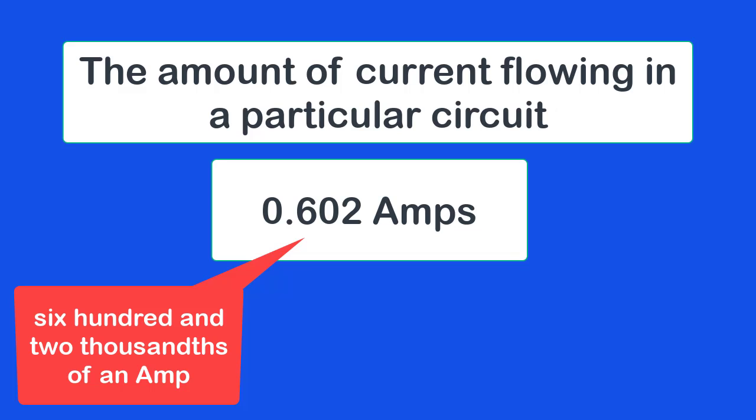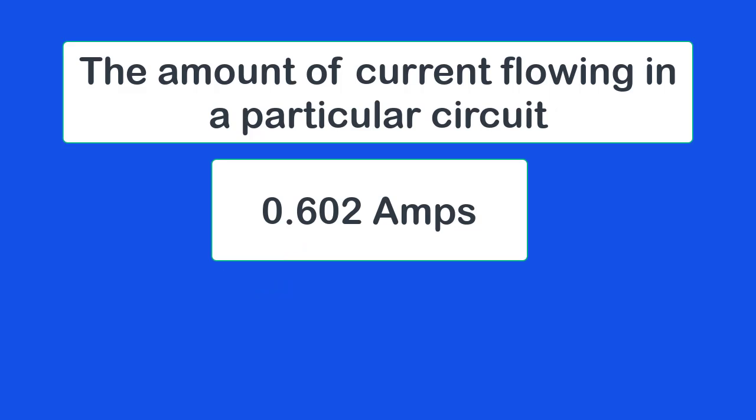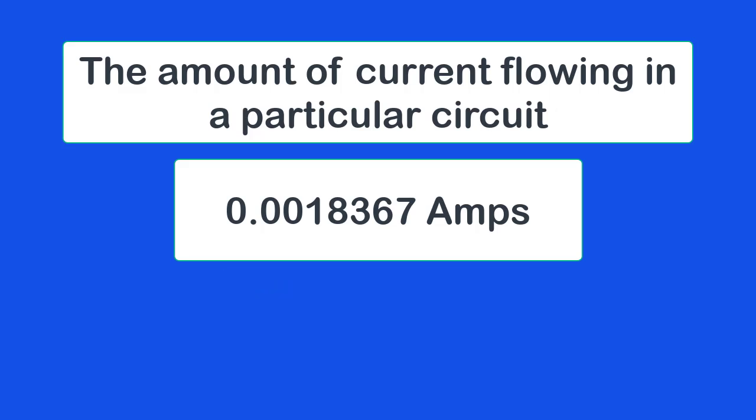If the number of amps shown on your calculator has more than 3 digits after the decimal point, like say 0.0018367, where we have 7 digits after the decimal point, we generally round off back to the closest thousandths.